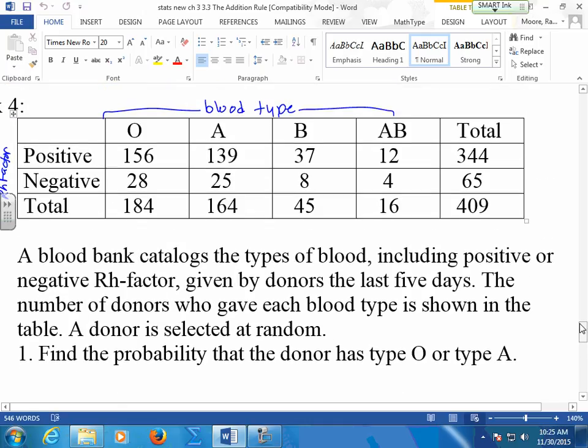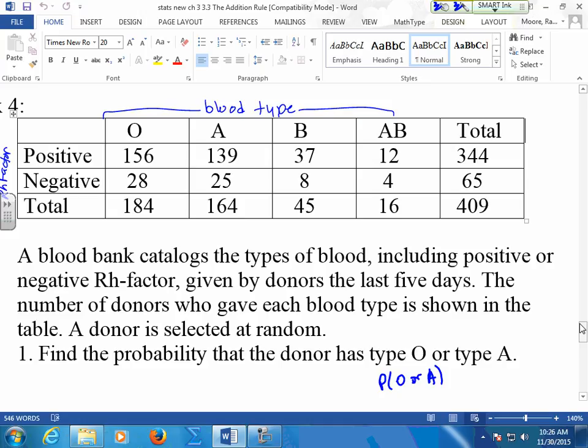A blood bank catalogs the types of blood, including positive and negative Rh factors, given by the donors for the last 5 days. The number of donors who gave each blood type is shown in the table. A donor is selected at random. Find the probability that the donor has type O or type A. Are they mutually exclusive?